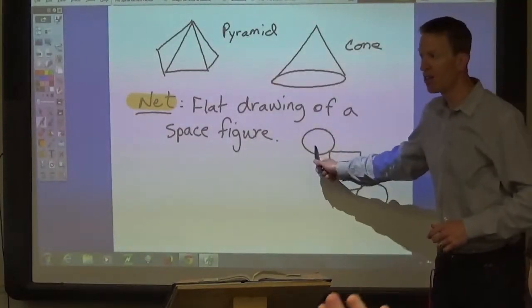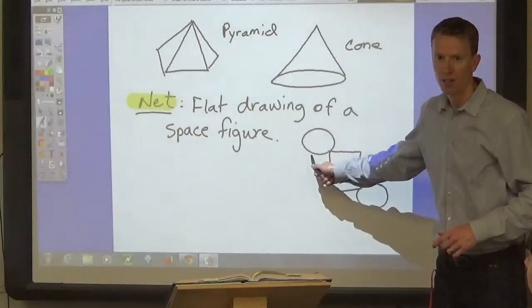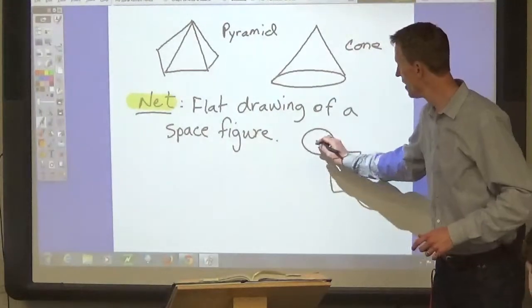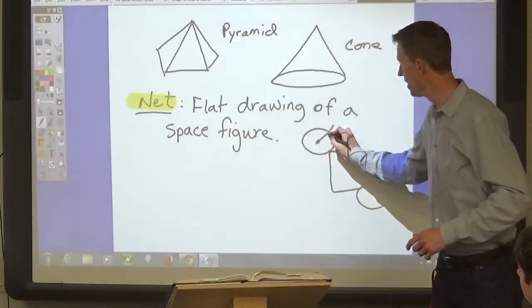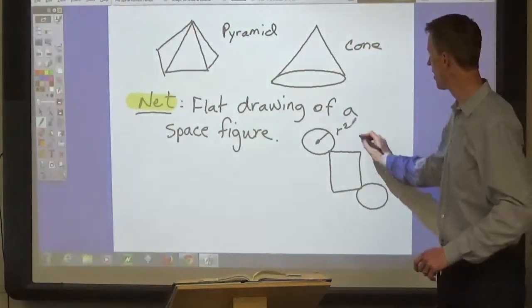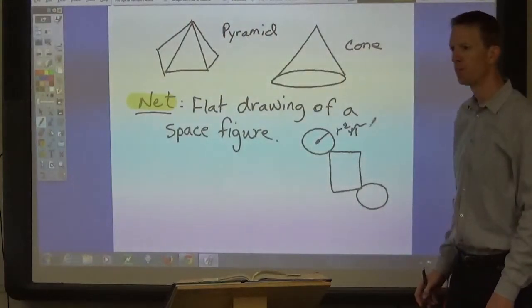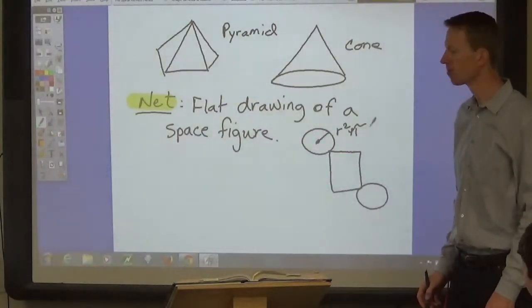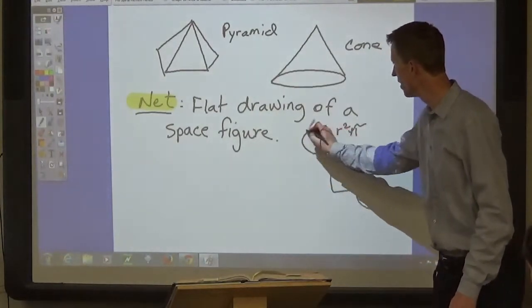To find the area of the circle, you would need the formula. What do you need to use the formula? The radius. So you can use the radius squared times pi. Now, what would this be equal to?